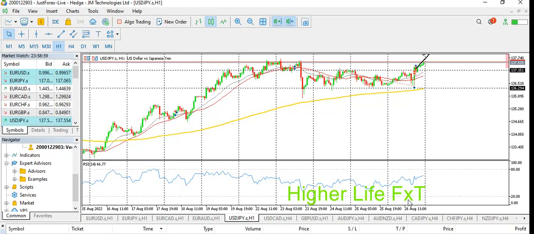When I checked, I realized that I did not include a very important thing, which is support and resistance, or supply and demand. So today we are going to look at support and resistance.